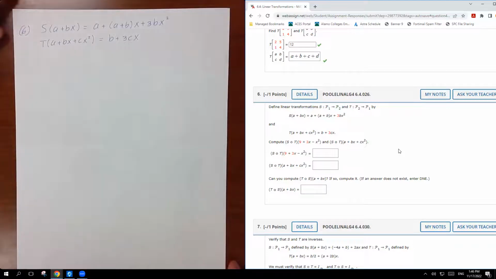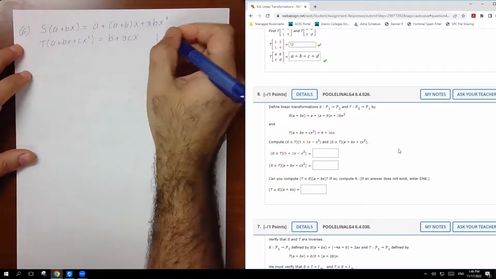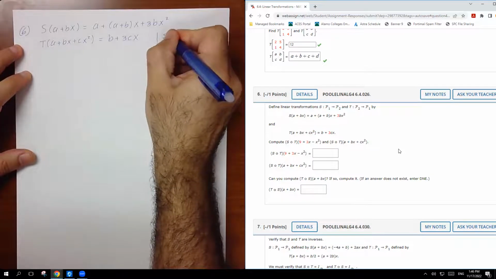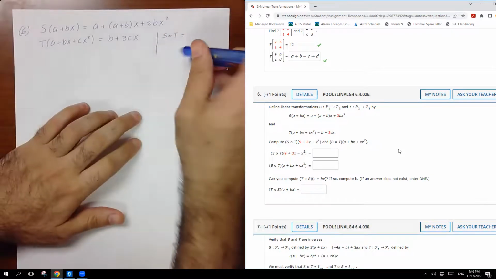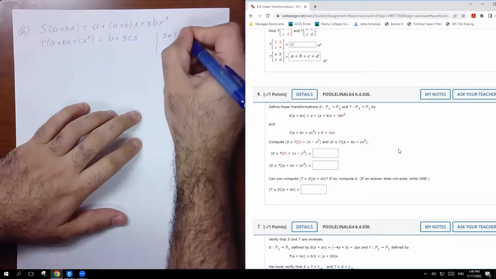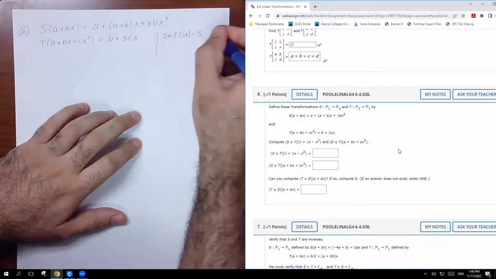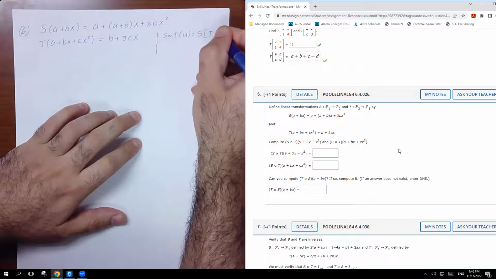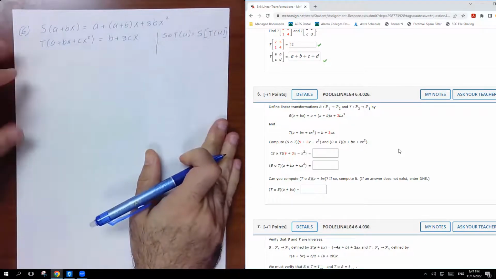The first thing, I'm going to work on the first part. Before I start with the first part, we already know S composite with T, applied to any number, let's say U, is going to be S of T of U. So this is the rule for composition.